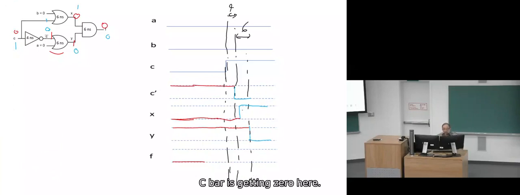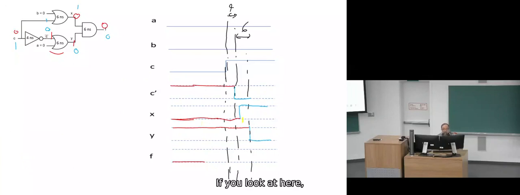C bar is getting 0 here. After 6 nanoseconds, Y becomes 0. I already drew it. So Y is 0, X is 0, so F is 0 for sure. But the point is this area.